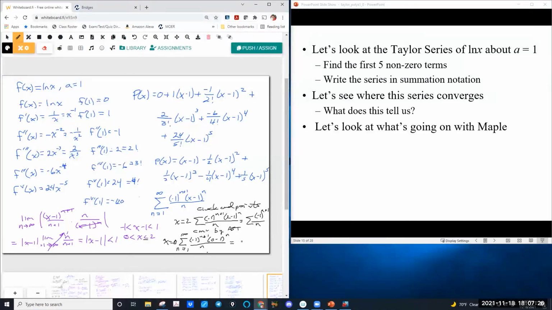So this literally comes out to be the negative of the harmonic series, which we know diverges. So our interval of convergence is 0 to 2. I know I went through that part a little bit quick, but it's only because we'd seen it before.